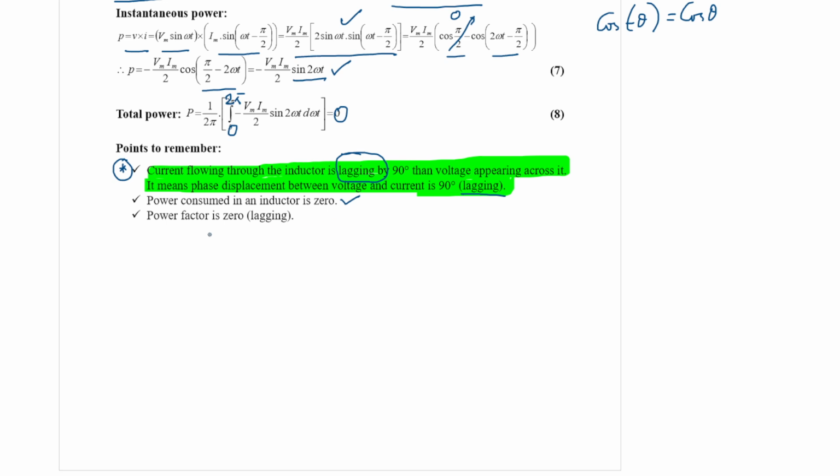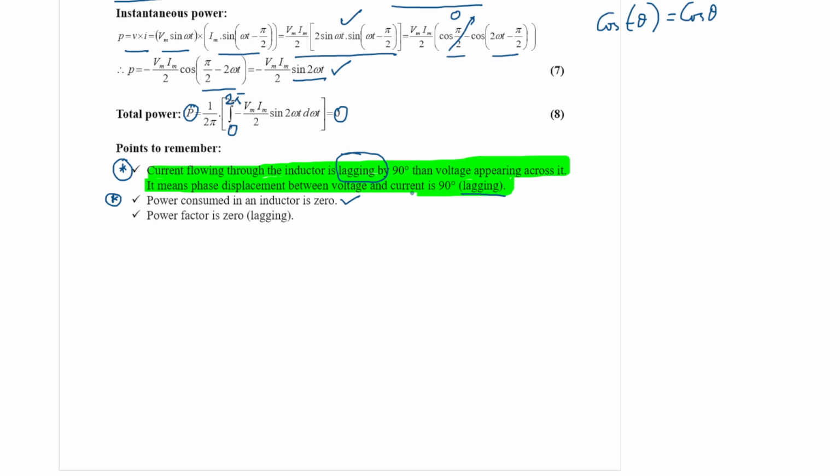We have already discussed this previously, that inductor and capacitor never dissipate any active power. P is called active power. So they never dissipate active power, and that is the proof. The total power in an inductor is 0. So active power dissipated by the inductor is 0.